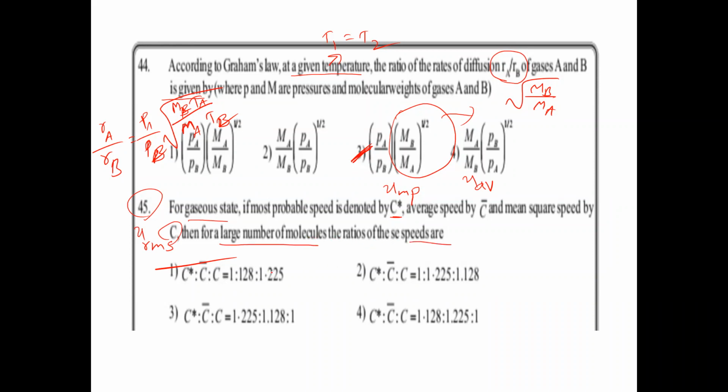Now here, C star is the most probable one. And C bar is the average velocity, 1.128.